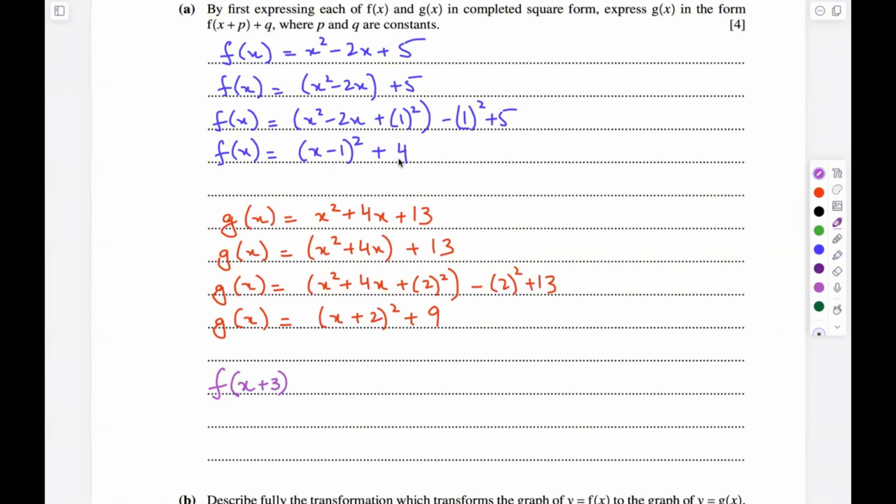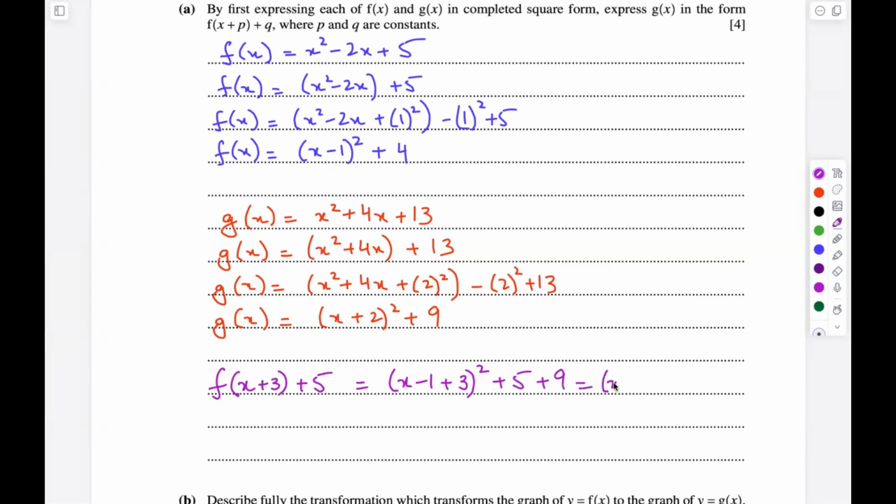And this was a plus 4 up here for the function f of x, and we need a plus 9. So we'll have to add a plus 5 to the function. So we can now write the function f of x as x minus 1, we are adding plus 3, so this will become plus 3 whole squared, and we are adding 5, so this will be plus 5 plus 4.